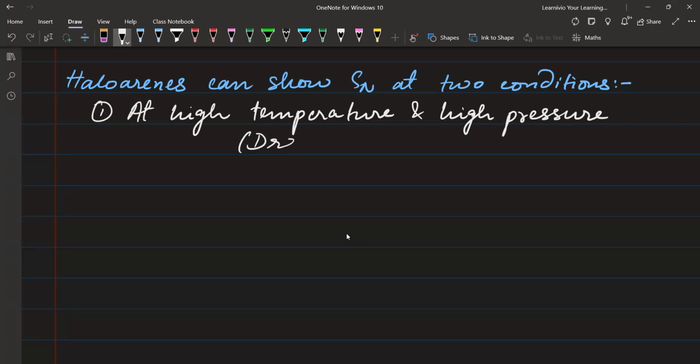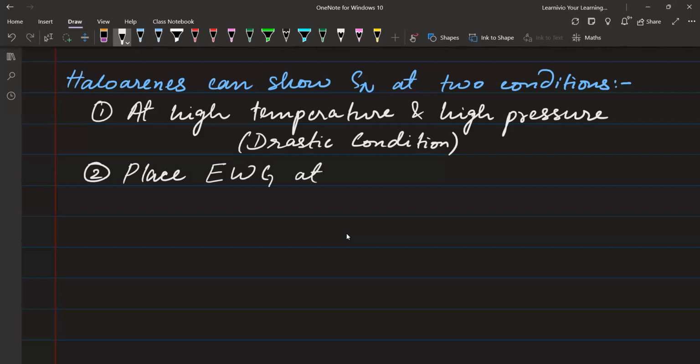It is a drastic condition. Second, place electron withdrawing group at ortho or para position.